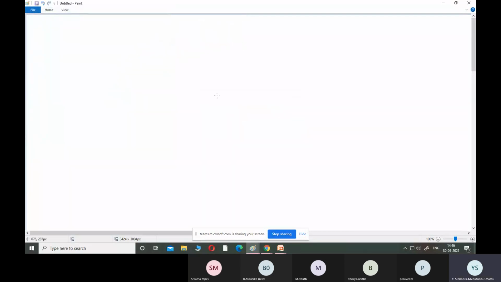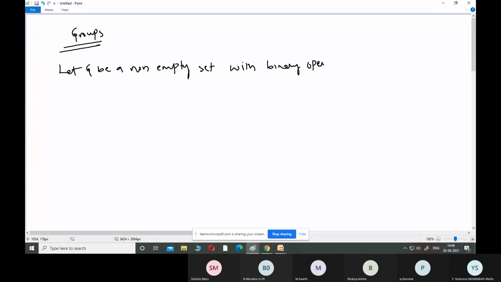Okay, all right. So coming to the group's definition. I'll be writing the group's definition first of all. The definition of a group is as follows: let G be a non-empty set with a binary operation, which we will denote with the star, defined on it.